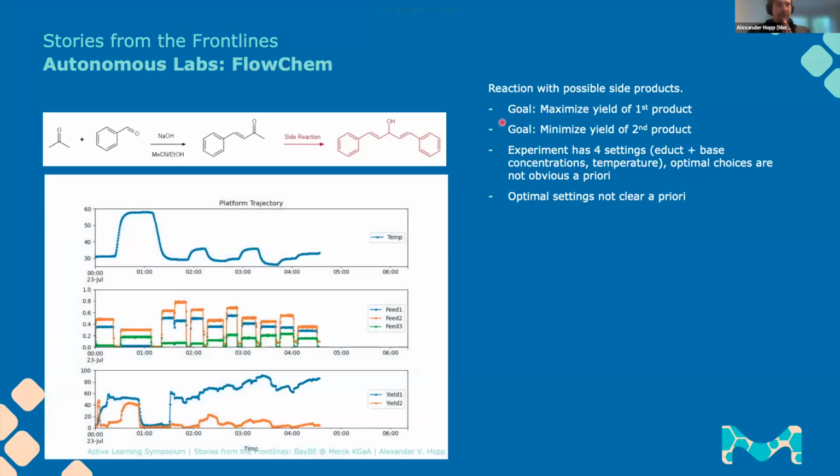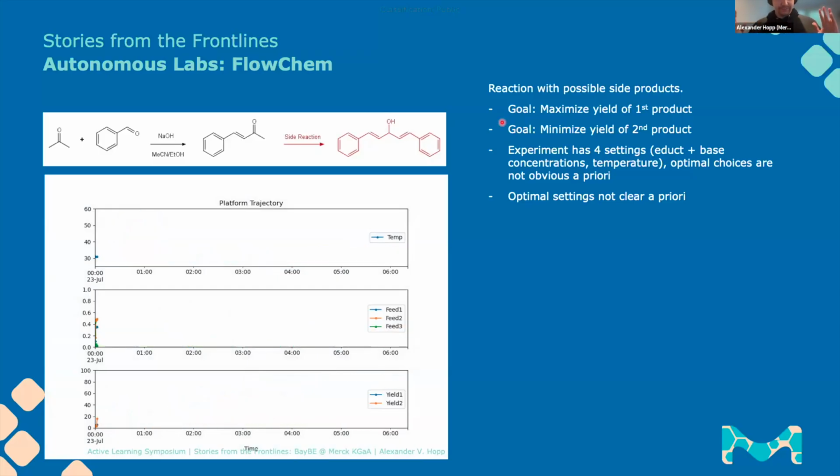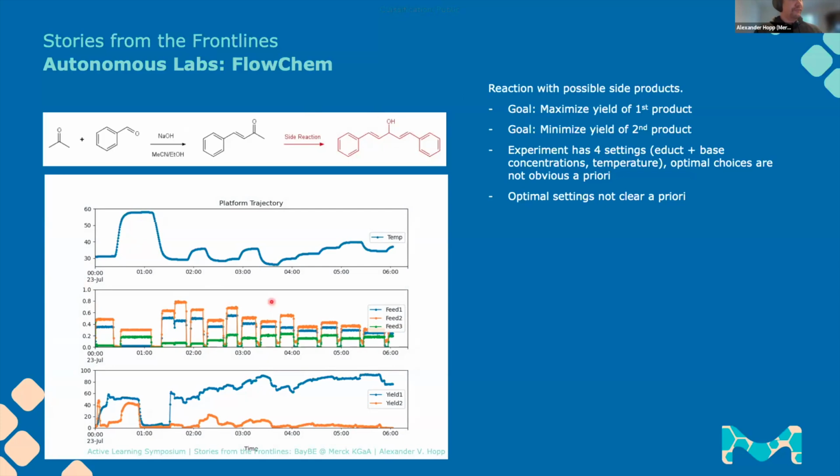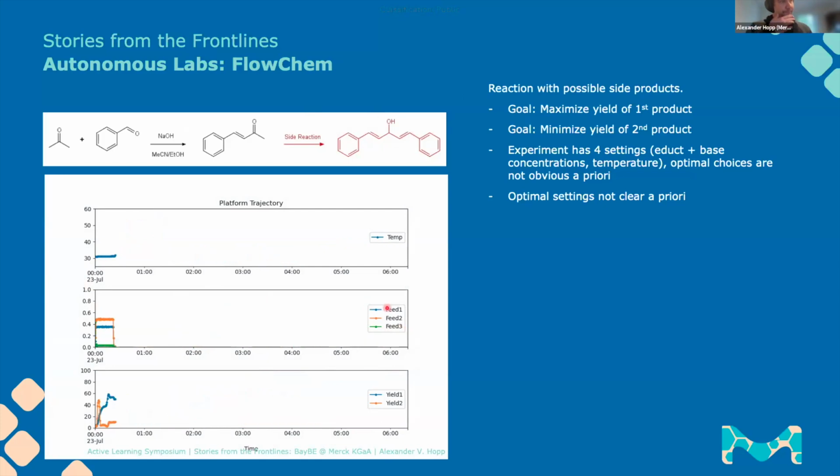When we set up the process and just let it optimize itself literally overnight, so it was left at the laboratory and just did its thing, what you see here in the first two plots is basically the control and what was changed: the temperature range in which the experiment was carried out and the feeds of the three different chemicals.